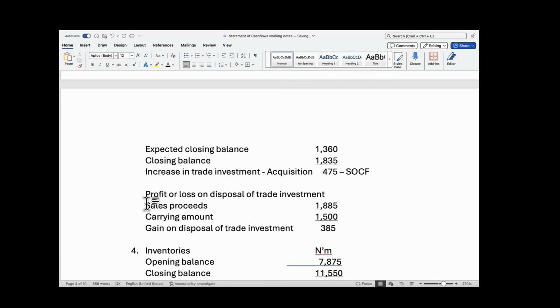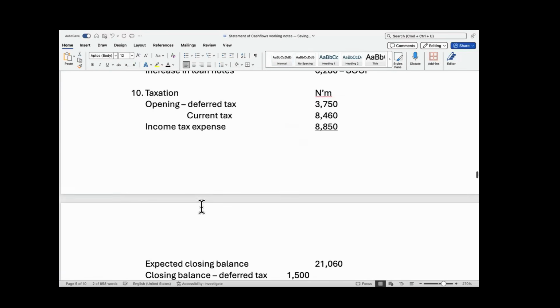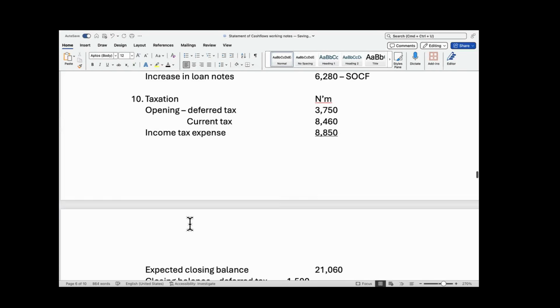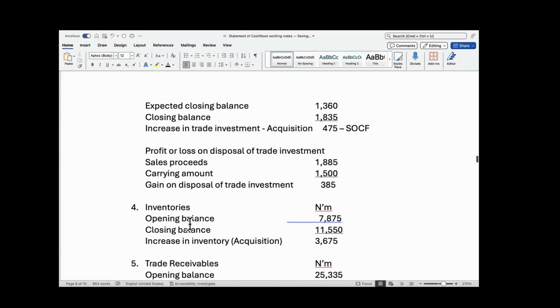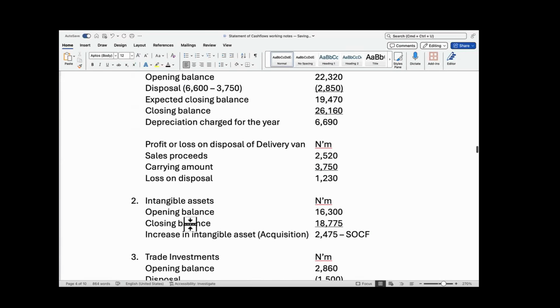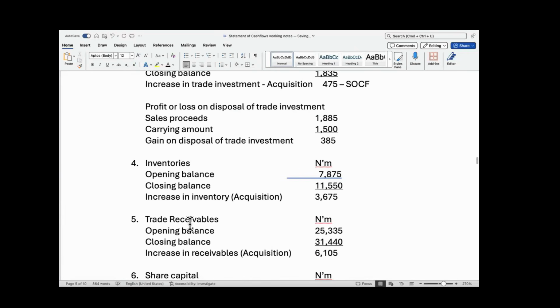Also, there was a disposal of trade investments of 1885. Sales proceeds of trade investments is an inflow of 1885. And that is it for those non-current assets items.